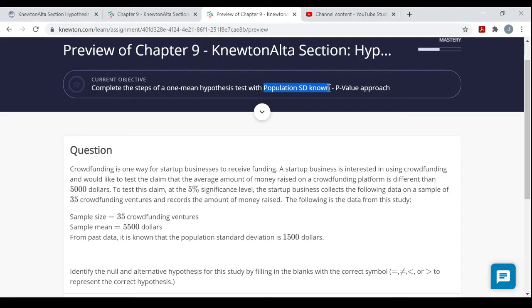Right up here in the name of the objective, population SD is known. It says from past data, it is known that the population standard deviation, sigma, is $1,500. Let's run this test, and I'm going to do it to completion on a separate piece of paper, and then just enter all my information when we come back to the website.